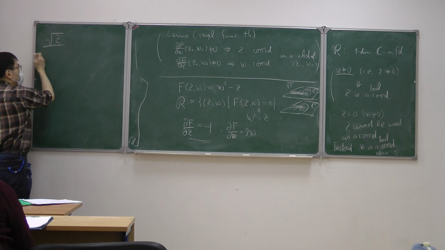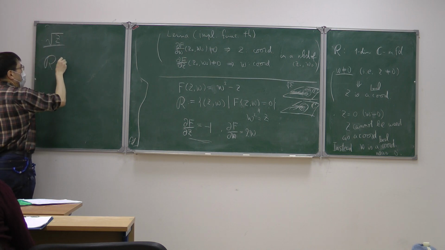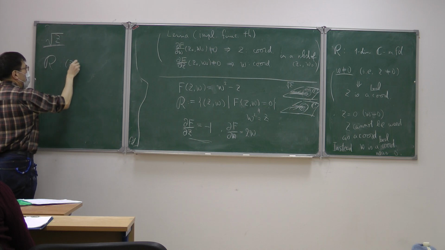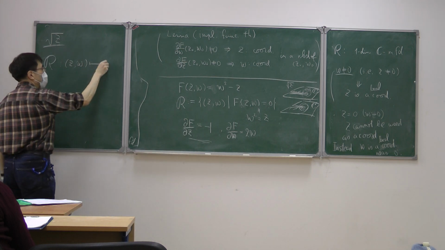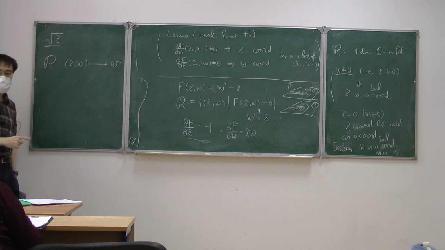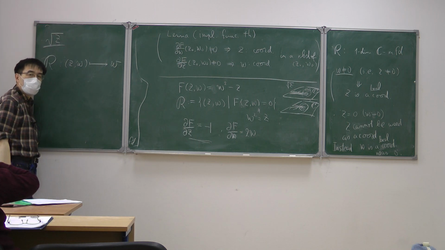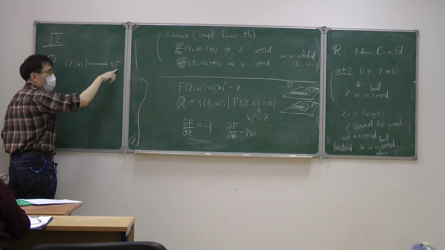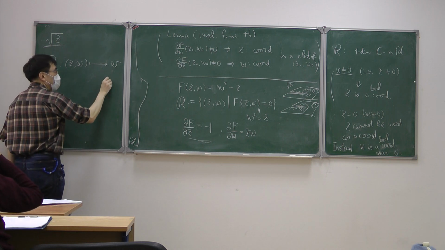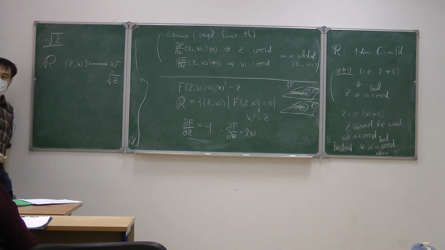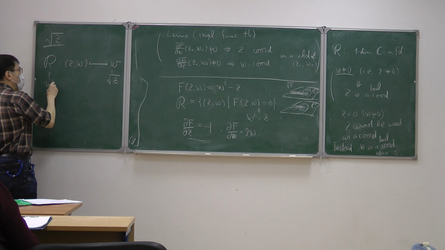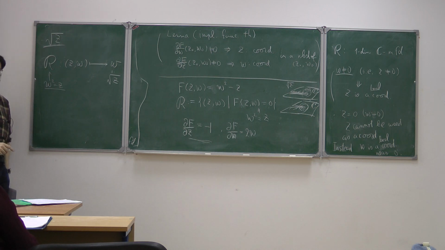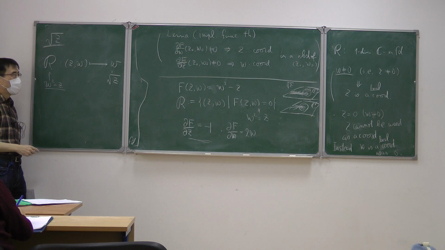In this case, just the projection to the second component is the square root. In fact, because here we have such an equation, w always satisfies this.